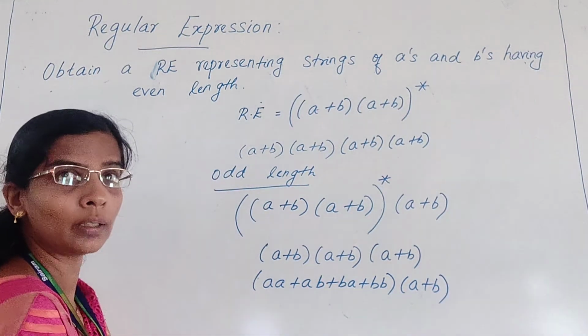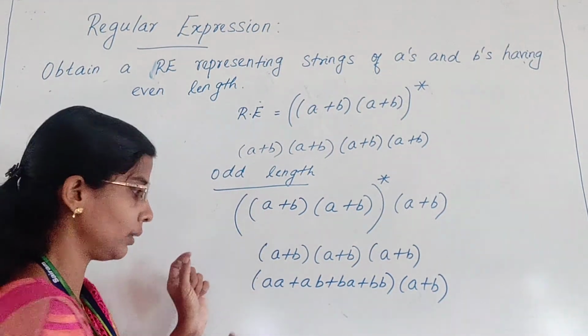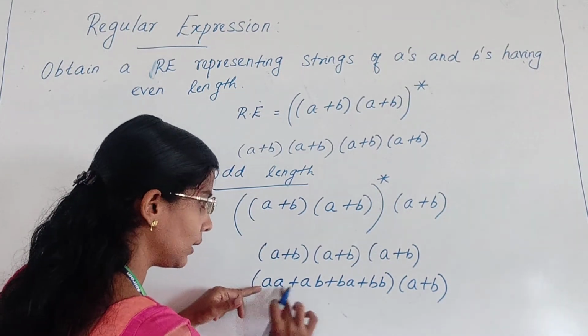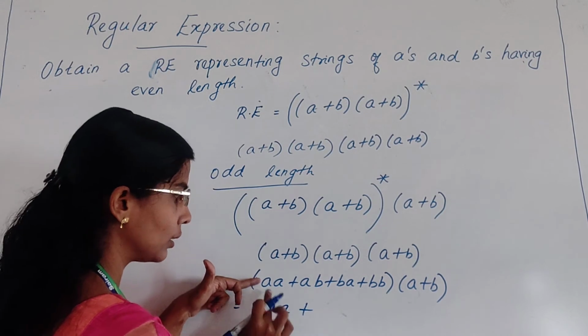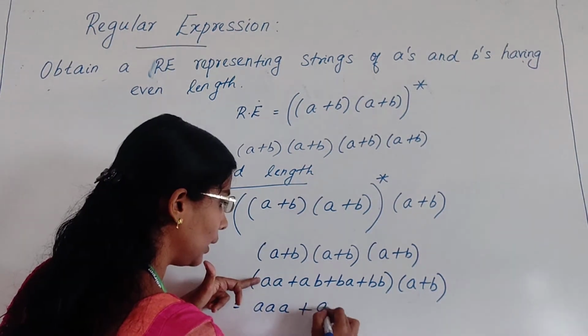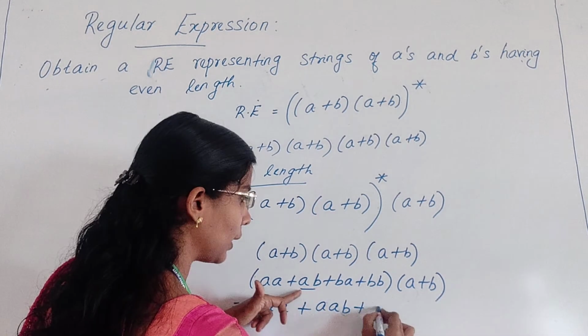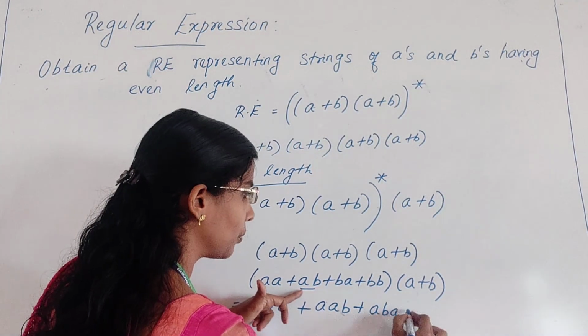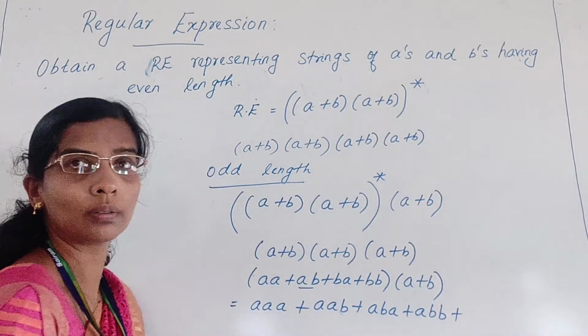Now you multiply, check whether you are getting strings of odd length. Take this, multiply. A, odd length. Then multiply with B: A, B. Then take this and multiply: A plus B. And it goes on.